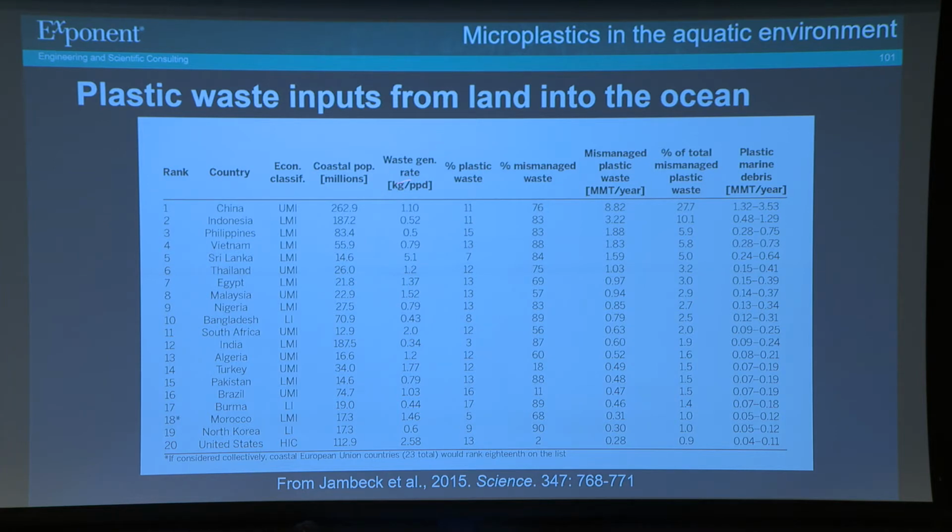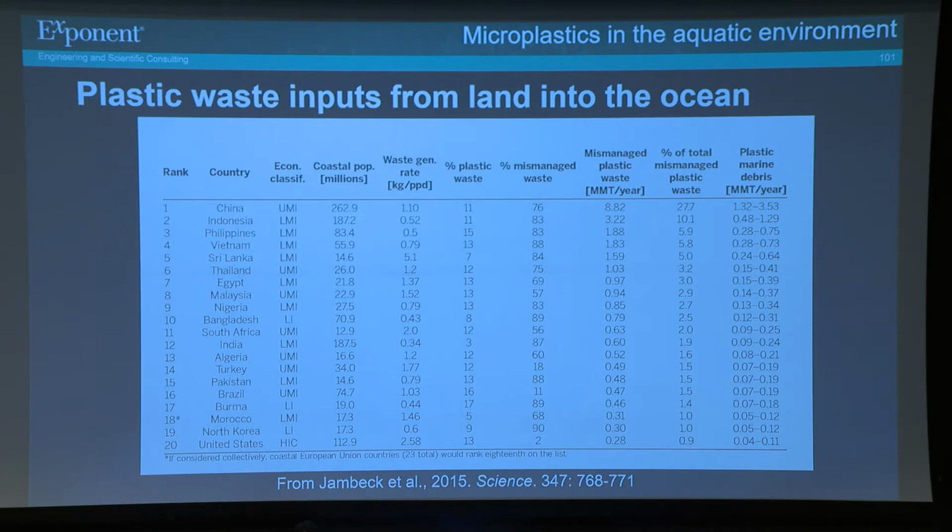They looked at the waste generation in kilograms per person per day, the percent of that waste that was plastic, and the percent of that waste that was mismanaged, which was defined as contained in open landfills, as well as a small component of littering.